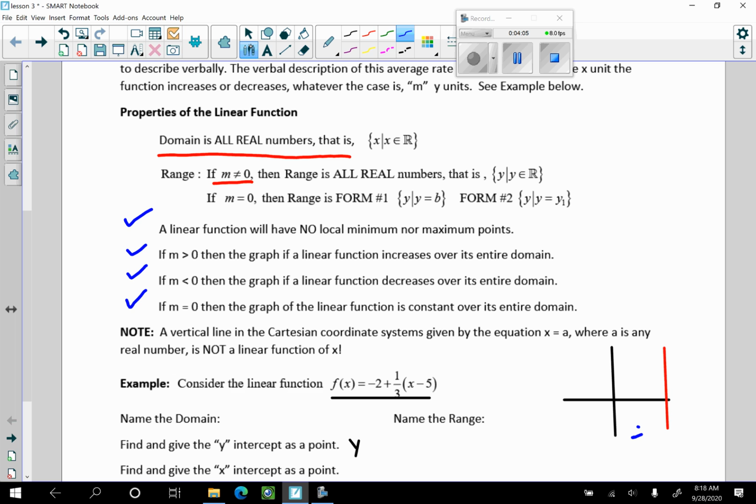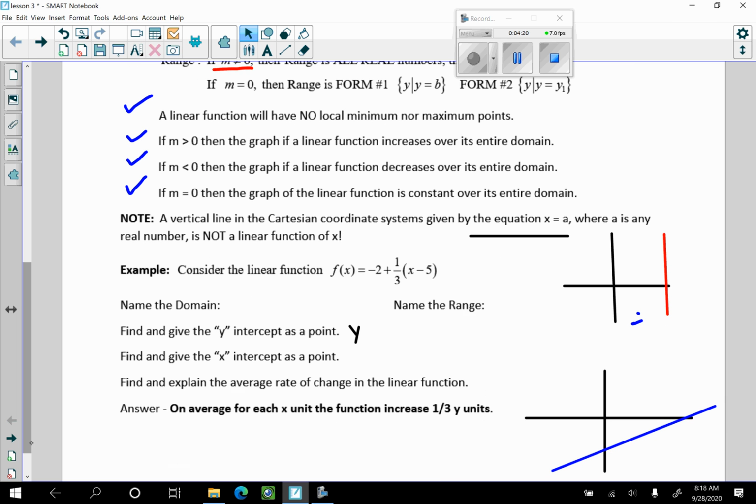Consider a linear function in Form 2: f of x equals negative 2 plus 1/3 times x minus 5. I want to pull that line out of there. Name the domain. Well, the domain of all linear functions is all real numbers. There are a couple different ways you can write that. You can use set-builder notation if you want: x is all reals.